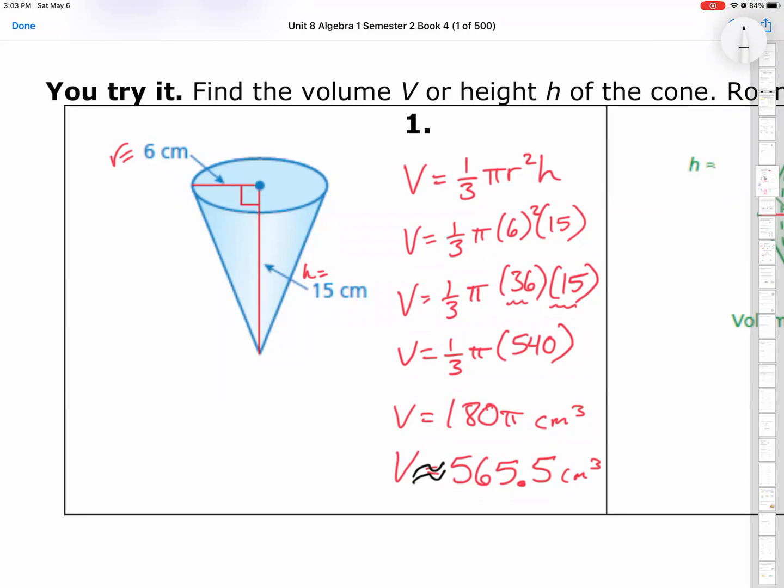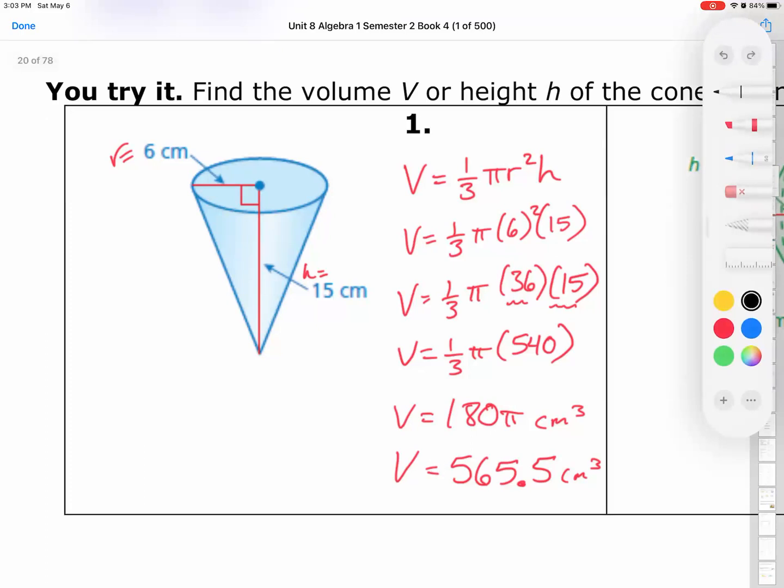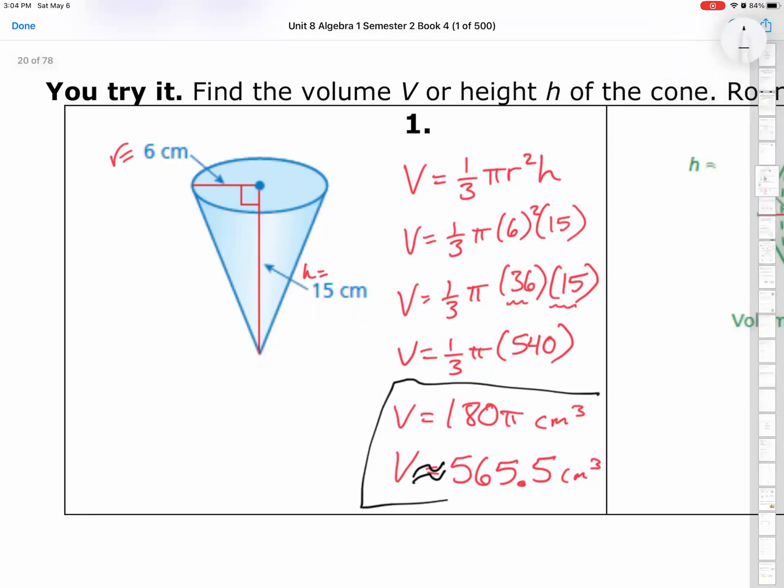I know a lot of teachers are okay with the equal sign there, even though technically, yes, it is an approximation. If you use the approximate sign, you're always going to be covered with those squiggle equal signs. But I'm generally okay with the equals because it's pretty much that value as the decimal.